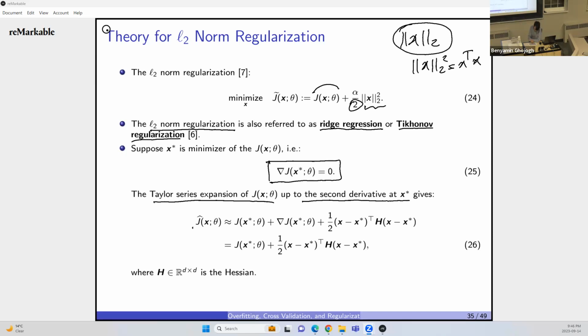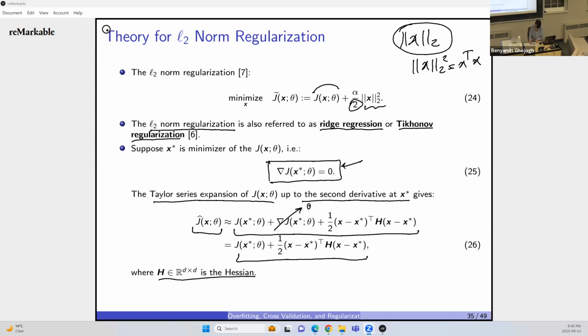So I have this J hat, which is the Taylor series expansion, up to the second term, second derivative. This H is the Hessian, right? This interestingly goes away. It's 0. Why? According to equation 25, first order optimality condition, because I'm considering the Taylor series expansion at x star.